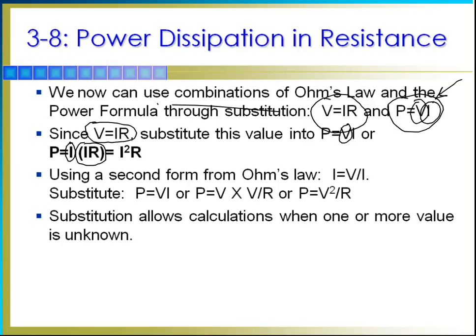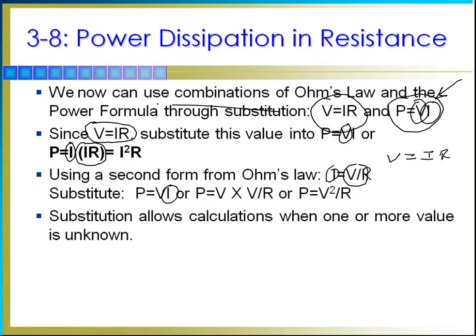Using the second derivative of Ohm's law, if V equals current times resistance, then current is going to equal voltage over resistance. So how about we substitute that for current there?